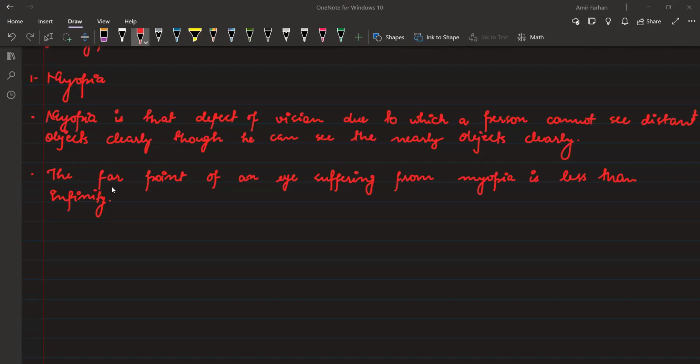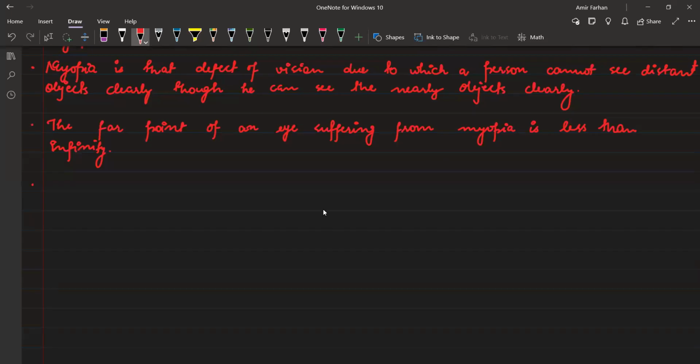Let's talk about the reasons behind the myopic eye. Why does it happen? The defect of the eye called myopia is caused by two main reasons.